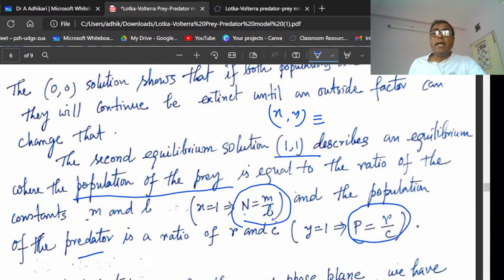So when the population of prey is m by b and the population of predator is r by c, then we get the equilibrium solution. So from the second equilibrium solution in the xy plane, we get these two constants, m by b and r by c, for prey and predator respectively.